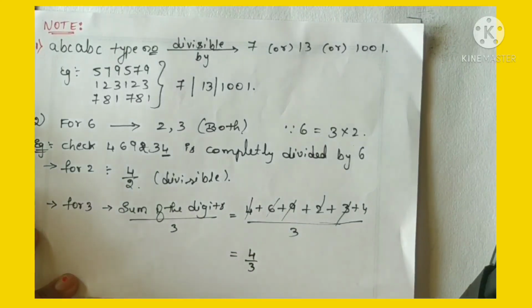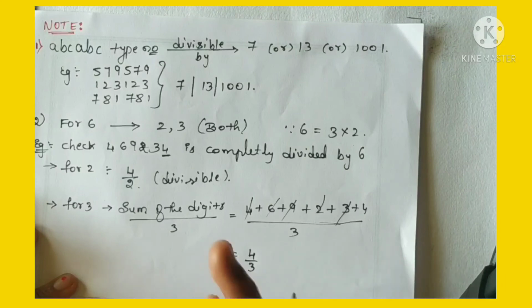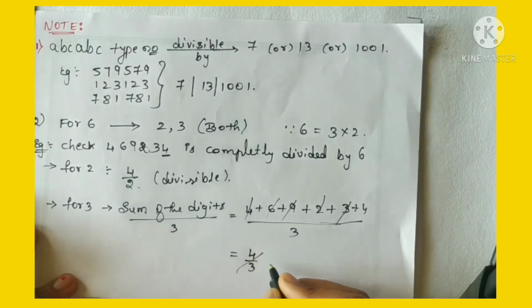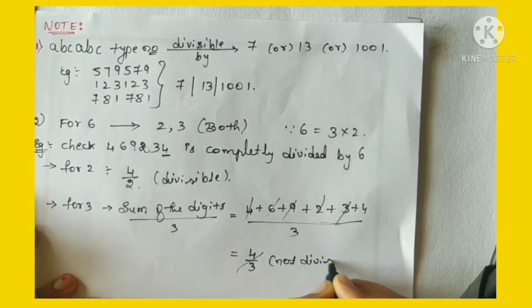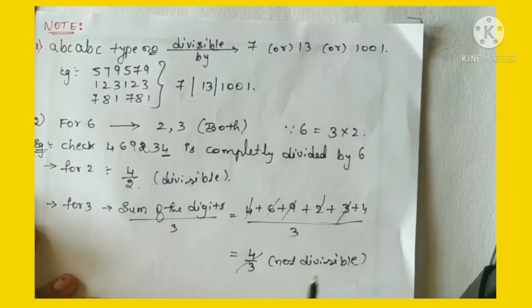Here 4 is not divisible by 3. So 3 does not divide the given number.